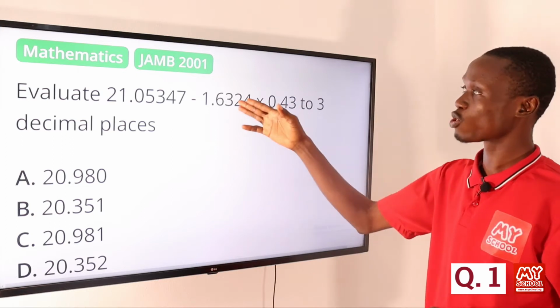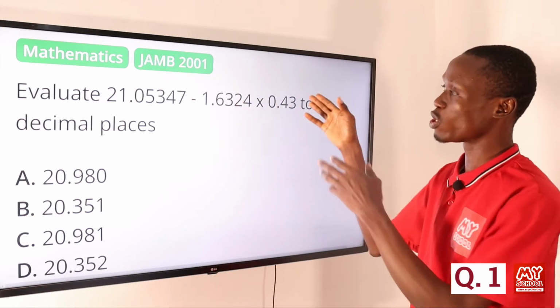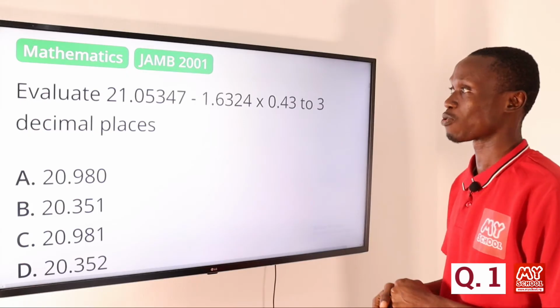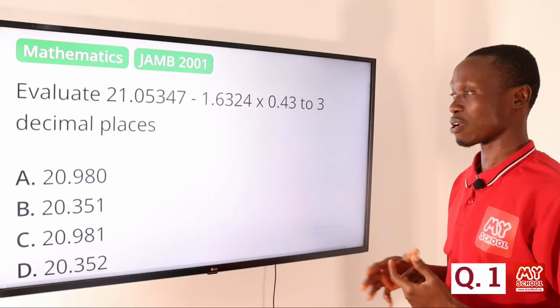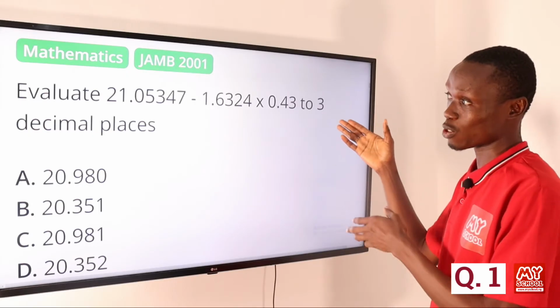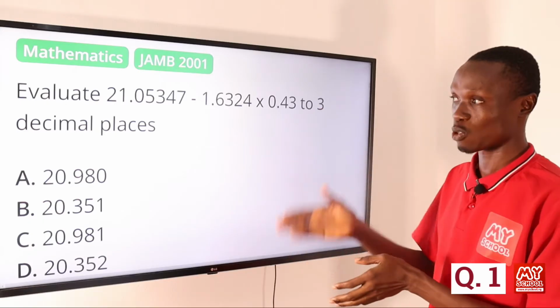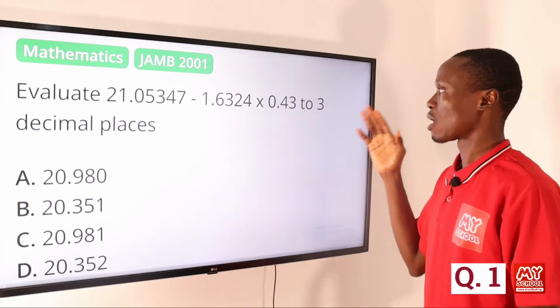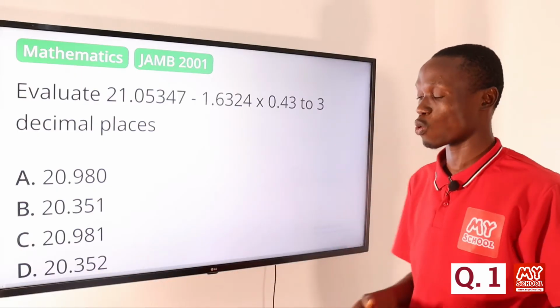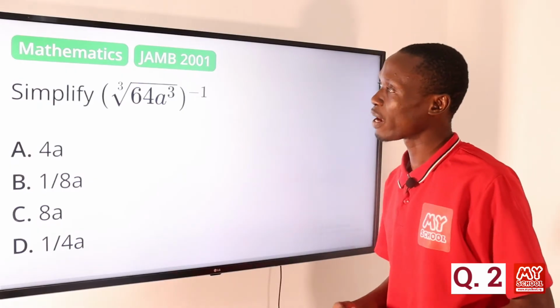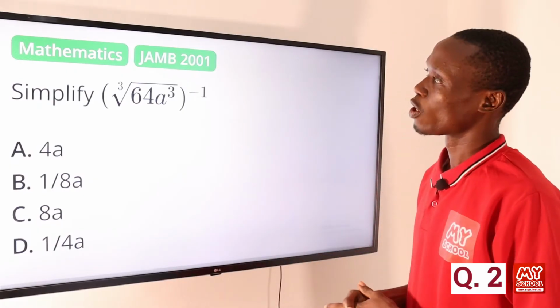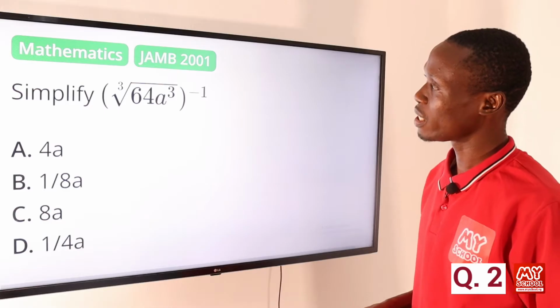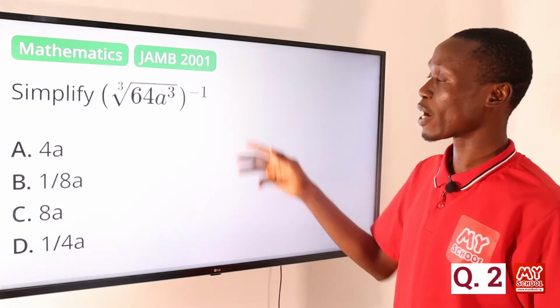So you multiply these two, then the result you subtract from 21.05347, and you correct your answer to 3 decimal places, meaning after the decimal point you just have 3 digits. So if you do that, at the end of the day your answer is going to be equal to 20.352.